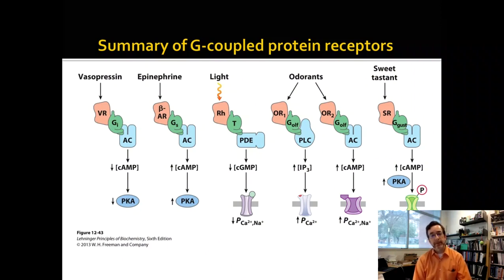So that makes perfect sense. Light works in sort of a reversed way by a phosphodiesterase, and vision is sort of flipped over in that way. But odorants and tastants work through cyclases just like the other ones. So see all the commonalities in this picture, and don't sweat too much about the bottom ion channel parts of it.